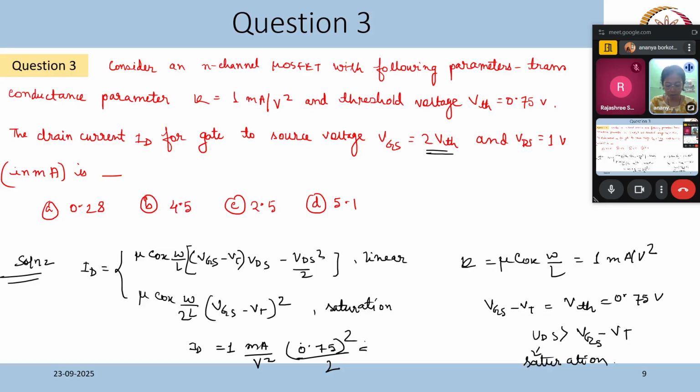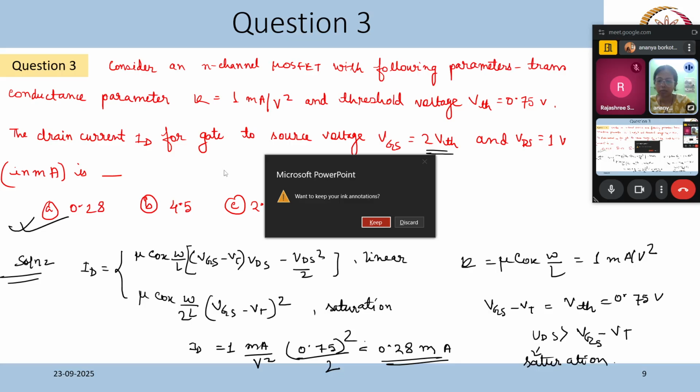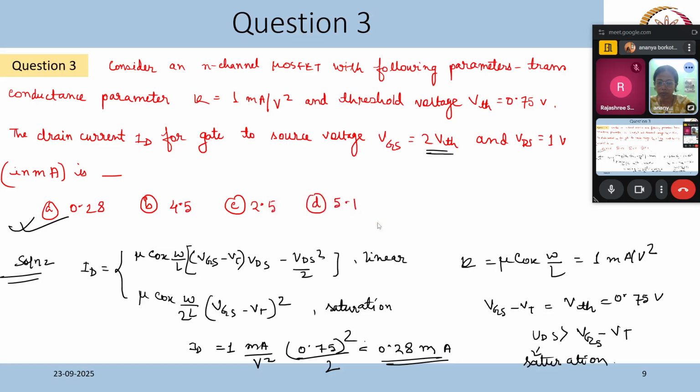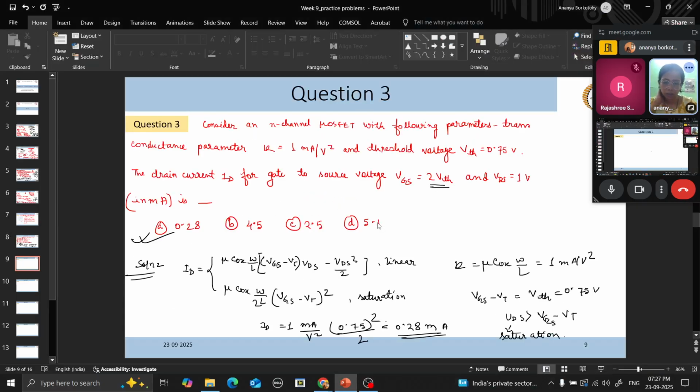That is the only place where you should be careful. This is 0.28 milliampere, because this will also be volt square, so your answer is in milliampere. So the correct answer is A. I hope this is clear.